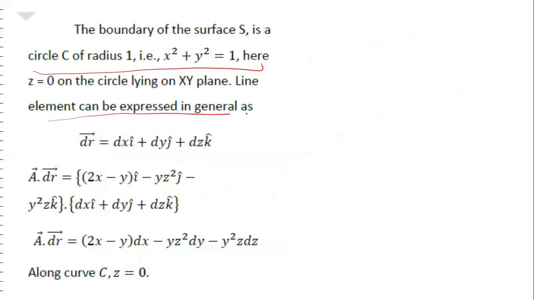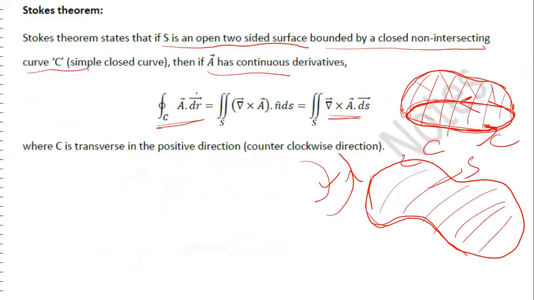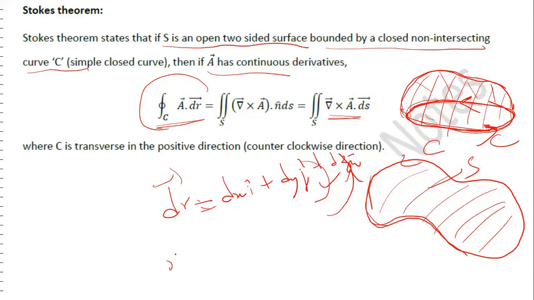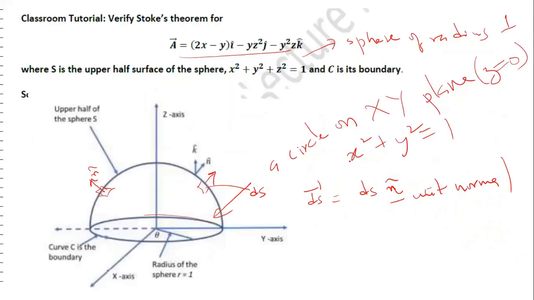In order to integrate over this curve C, you have to consider a line element dr. So the dr vector is in general dx i plus dy j plus dz k, because the position vector r is written as x i plus y j plus z k in the Cartesian system. As simple as that.